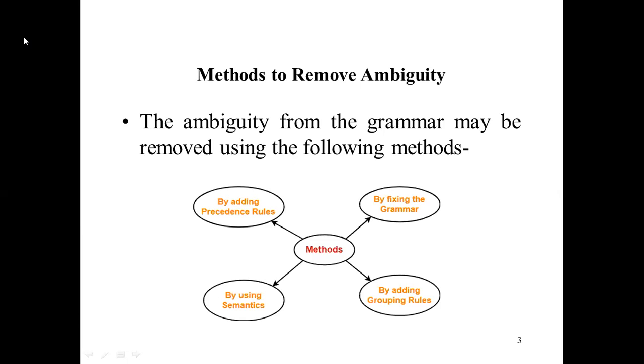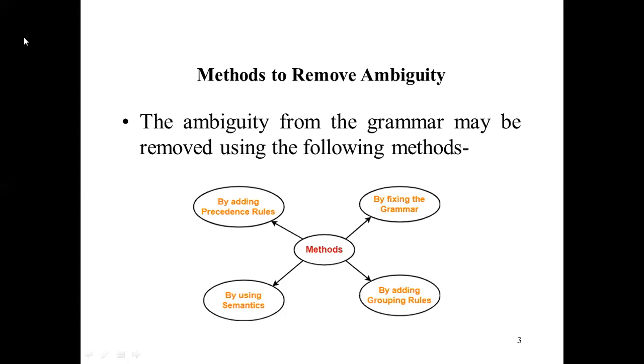Sometimes we write a program, and we write the correct program, but we never get the right output. In that case, we can say that we have a logical problem, that is called a semantic problem.